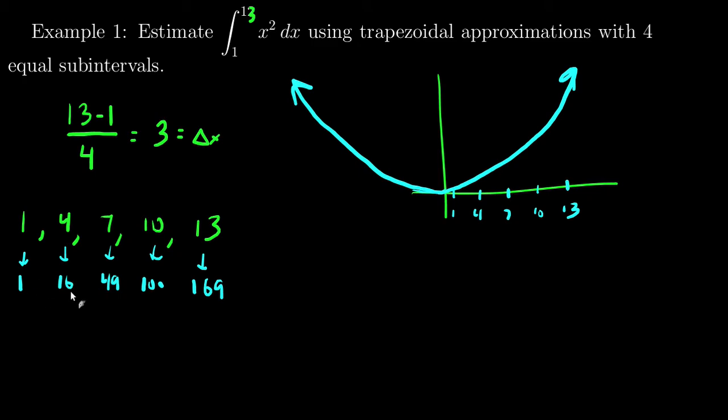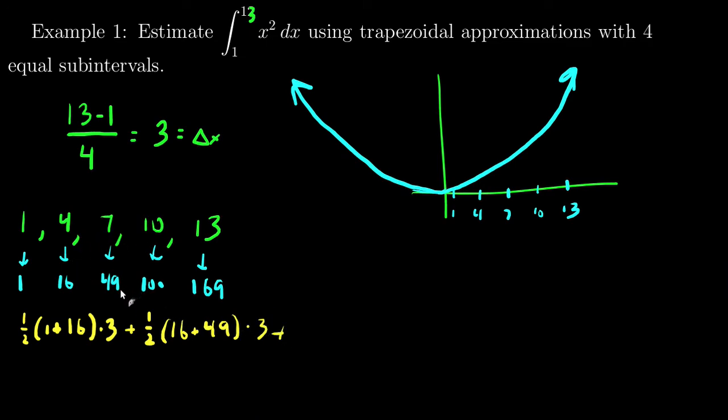And then I just do the area of each trapezoid. For the first trapezoid, this is base 1, this is base 2, so I have 1/2 times 1 plus 16 times 3. For the second trapezoid, I have plus 1/2 times 16 plus 49 times the height, 3.